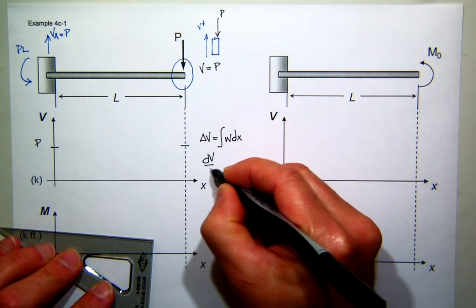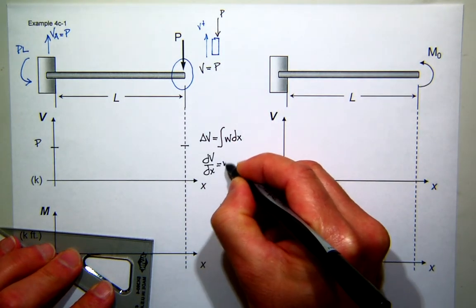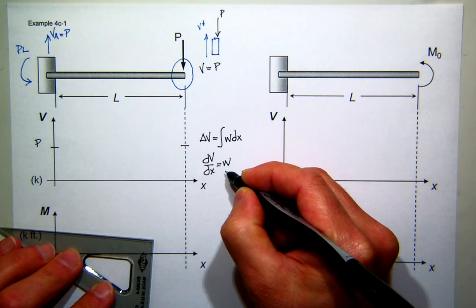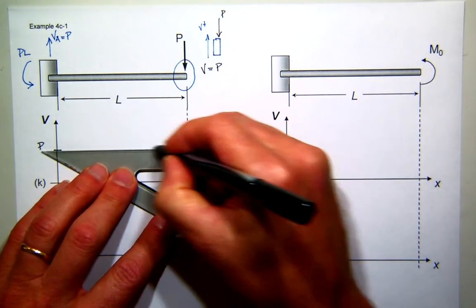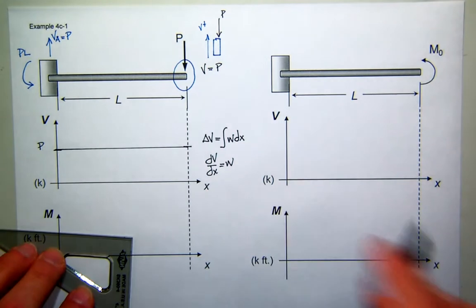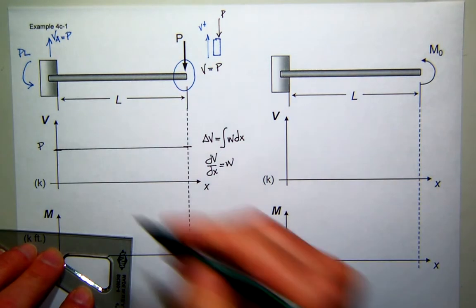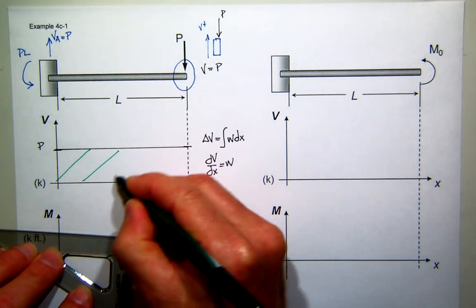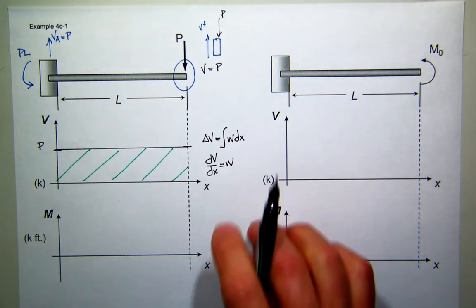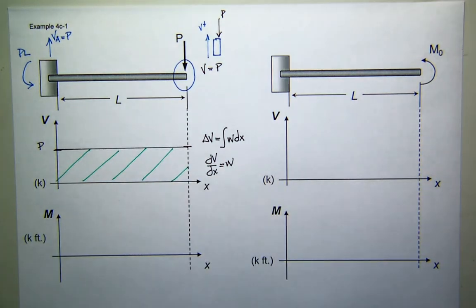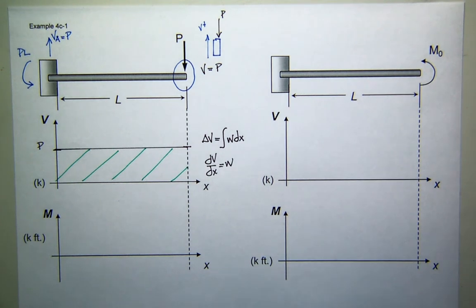Well, it says the slope is equal to the load, and the load is 0. So that means the slope is 0, which means we get a horizontal. So in this particular structure, the shear is constant at positive P everywhere.